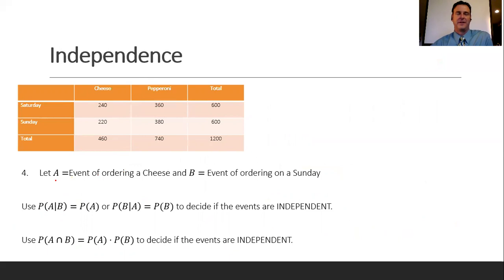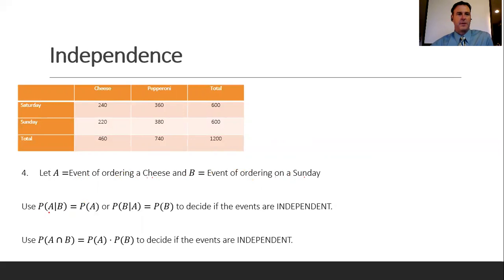I'm a little sick of it, even though I love their food. So we're going to do a test for independence, and I'll show you 2 ways to do it. Here's the first way, and we'll just see if ordering a slice of cheese or ordering on a Sunday are independent from each other.